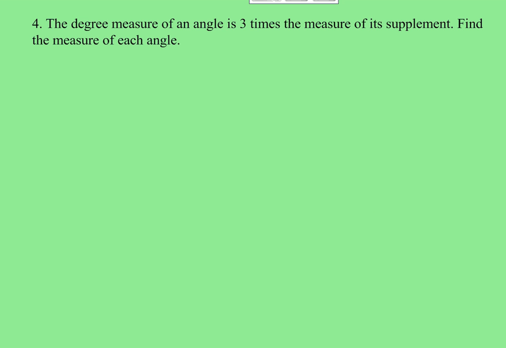The degree measure of an angle is 3 times the measure of its supplement. Find the measure of each angle. So we've got an angle, and the angle is 3 times the measure of its supplement. So 3 times the angle plus the angle is going to add up to 180. So A plus 3A equals 180.